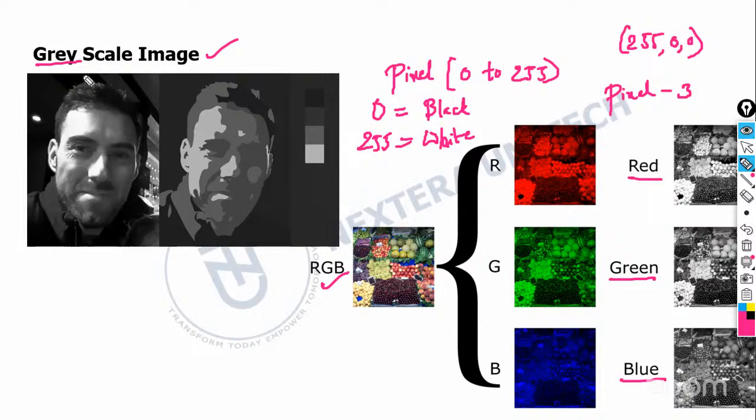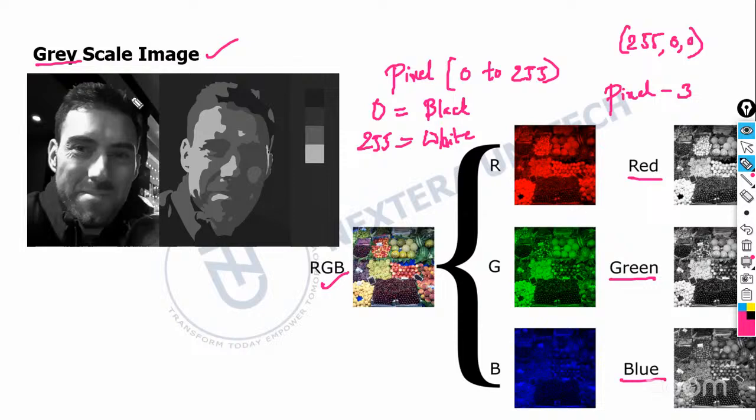So the types of images: explicitly we will be using 2 types. One is grayscale and the other one is colored images. The values in the grayscale image will be between only 0 to 255, the pixel values, where the 0 value for the pixel represents black color and 255 value represents white color.